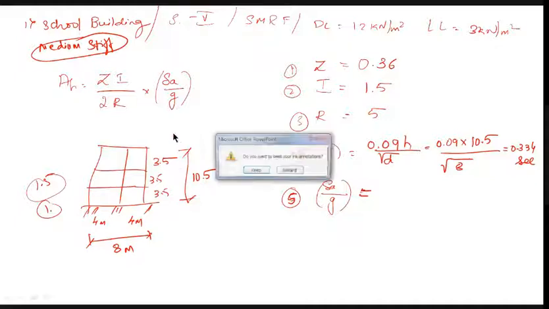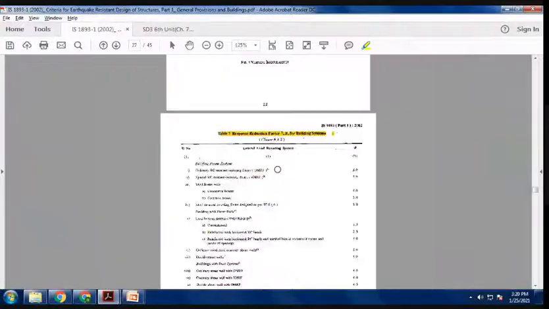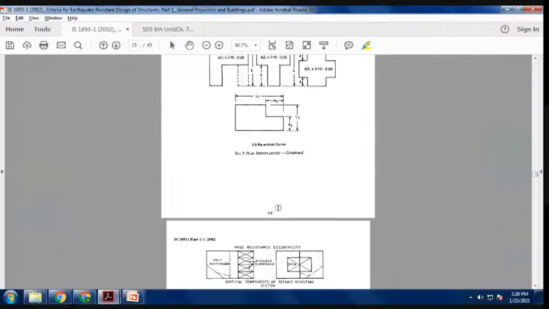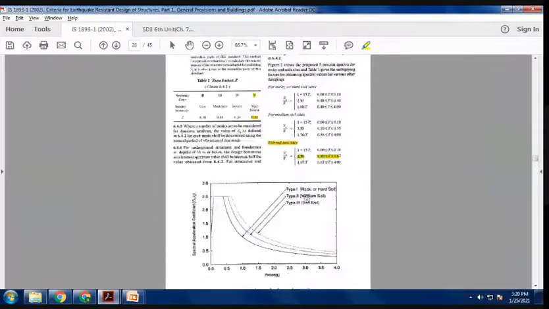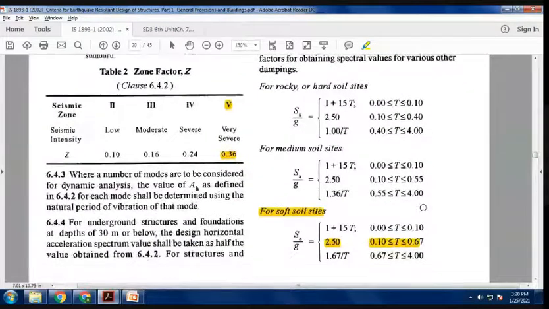Again I will go back to the code book. Here you can see we have the medium soil curve, correct? And we have got the T value as 0.334, and it lies here.